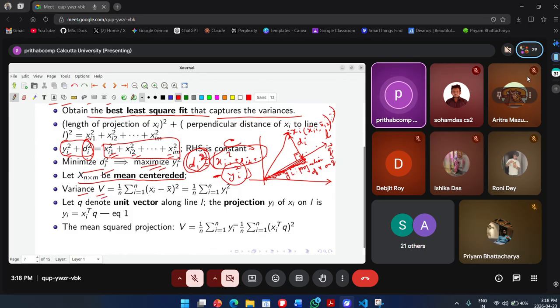Variance is defined as 1 by n summation i equals 1 to n of xi minus x bar, the whole square. If you have mean centered, then this xi minus x bar thing we have already done, and the value is present in that form. That is nothing but your yi square.